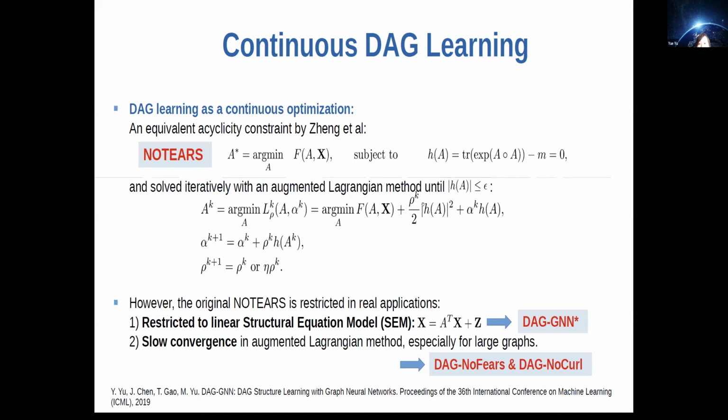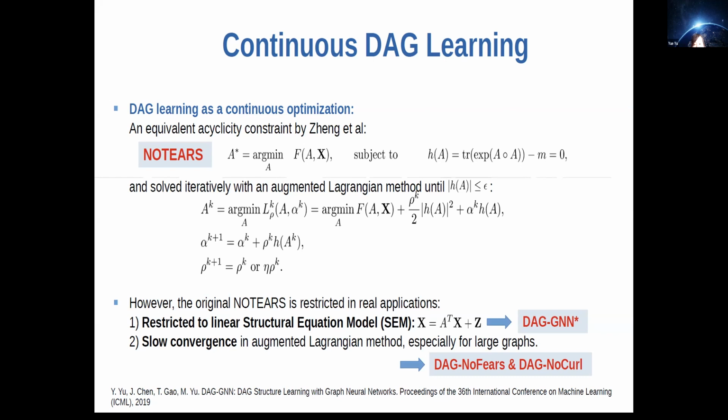Until this penalty becomes on the order of 10 to the 16, we don't really see the estimated graph become close to a DAG. Another issue of NOTEARS is that it only handles the linear structural equation. That relies on the assumption that each node is linearly dependent on its parent nodes. Here Z is basically a vector representing the noise.